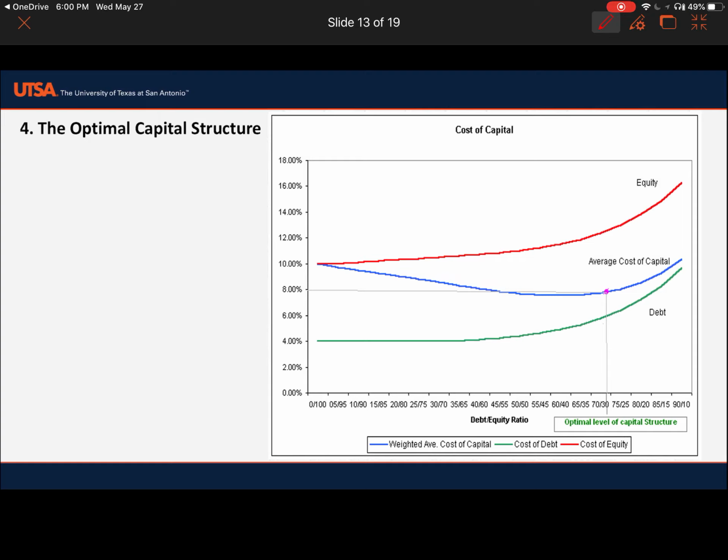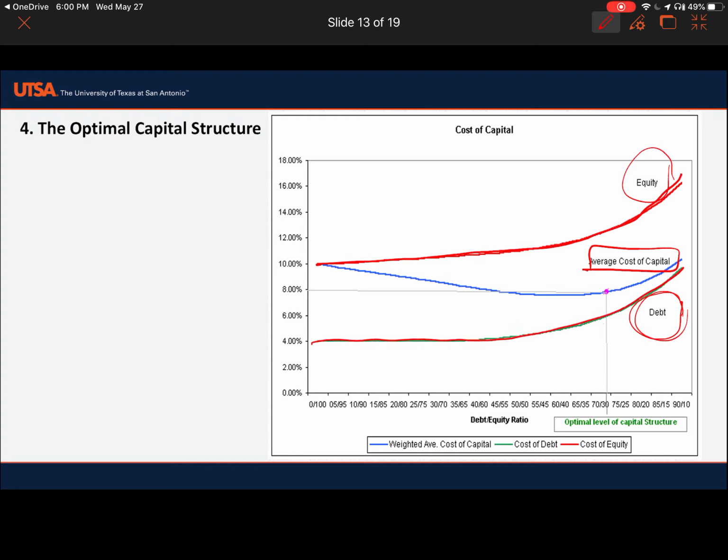The bottom line is we try to find the optimal ratio of equity and debt, and we try to minimize the average cost of capital. So if the company uses 100% equity, this is the cost of capital. If the company uses 100% debt, this is the cost of capital.